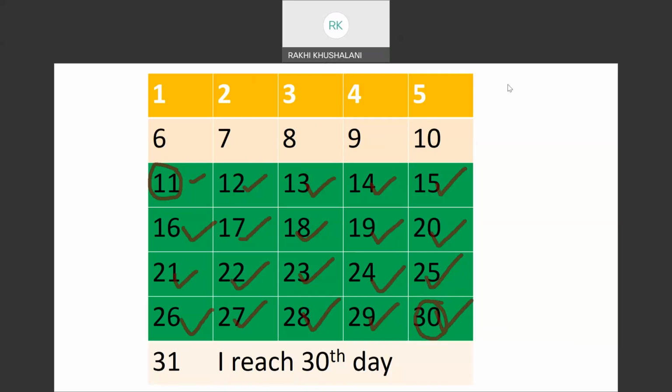Now, every time it's not physically possible to pick up a calendar and start counting or to do a counting on your fingers. There should be some mathematical way, some mathematical formula to help you to do such kind of counts, to add the number of days to the given date, and you get the next date, right?